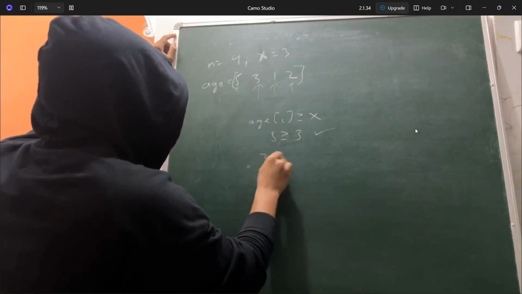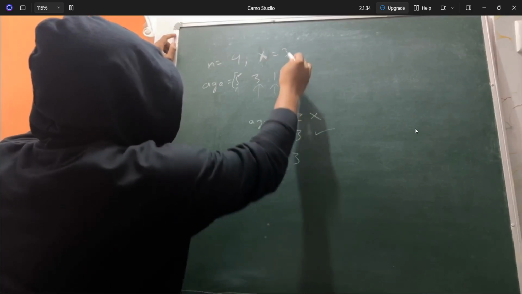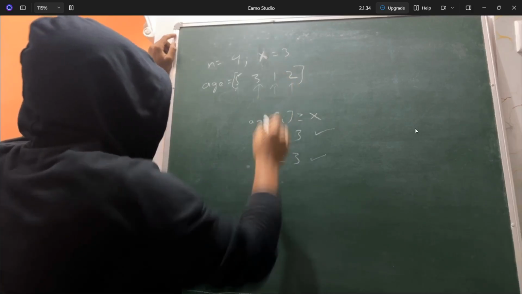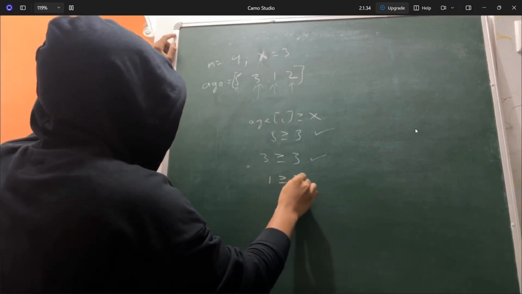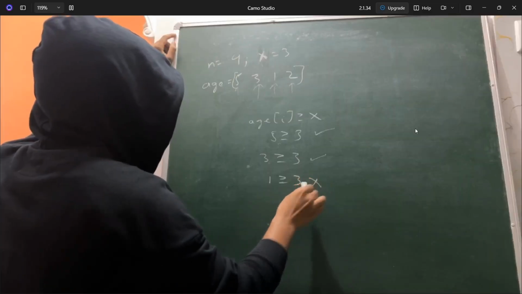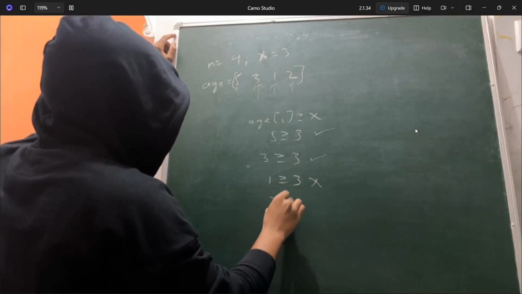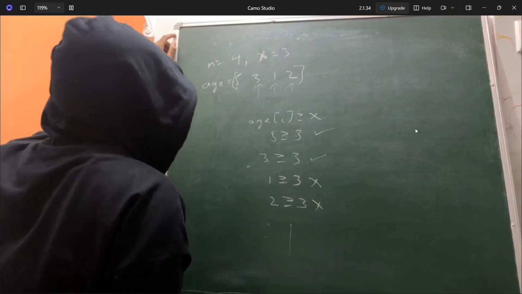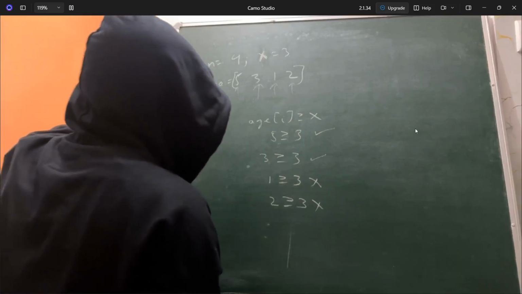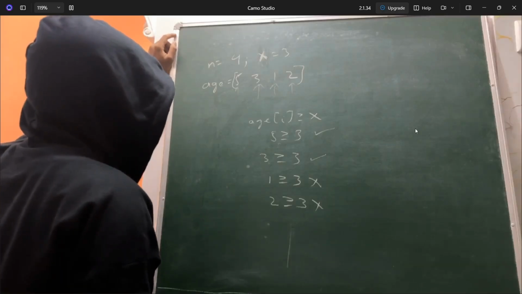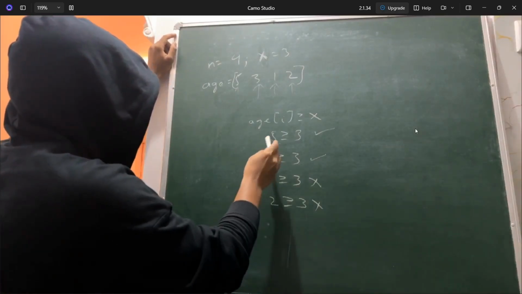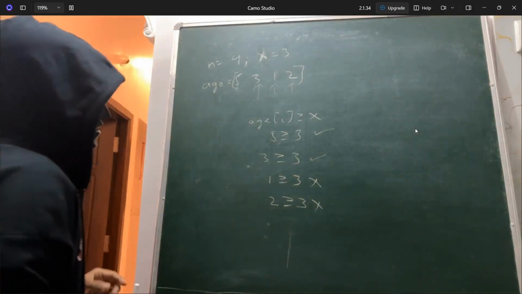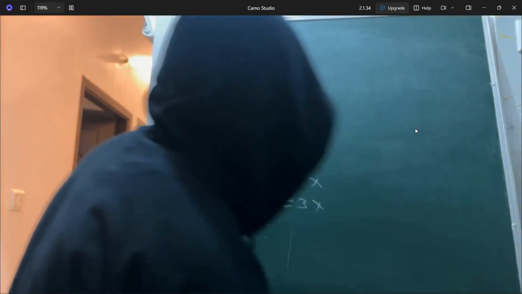Second one, 3 is greater than or equal to 3, which is x, so he is eligible. 1 greater than or equal to 3, which is the minimum age, is false, so he is not eligible. Same with 2 greater than or equal to 3, which is false. So we have 2 persons who can vote, whose ages are 5 and 3, which are greater than or equal to 3. So in this case our answer will be 2.